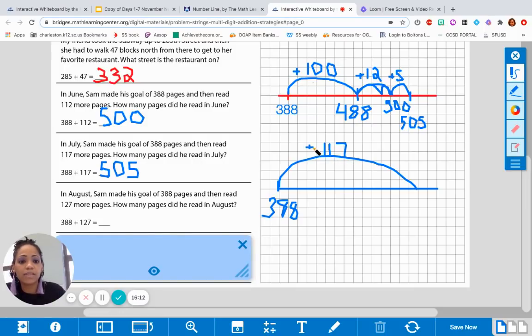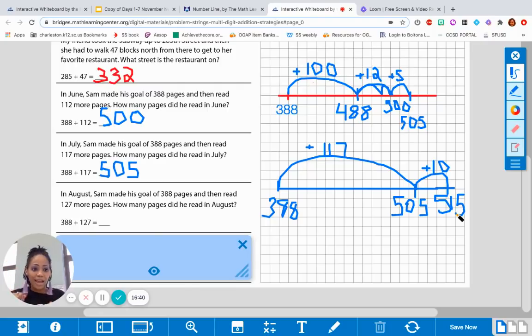We added 117, and we got 505. What do I need to add to that now? Just 10 more, plus 10. What is 505 plus 10? What'd you get? Great, 515. Kiss your brain.